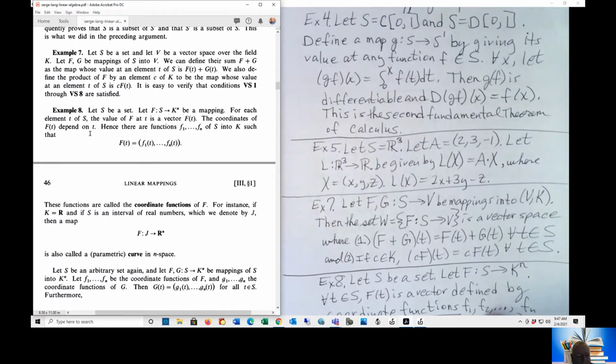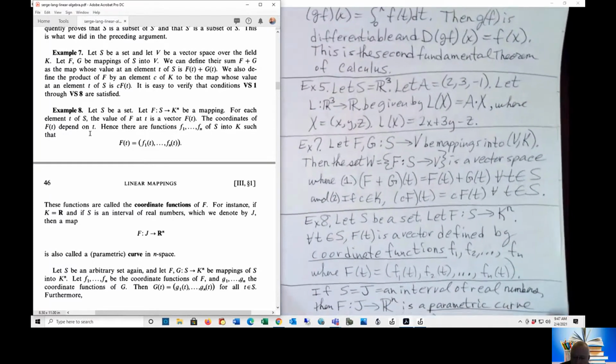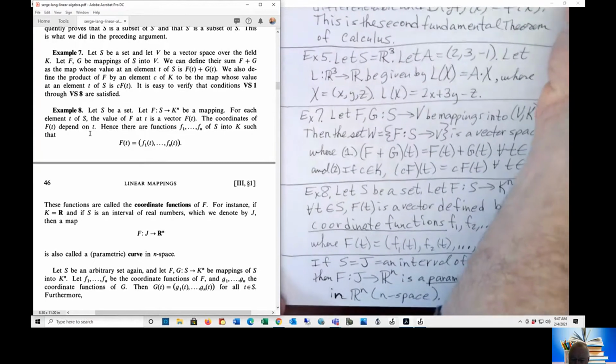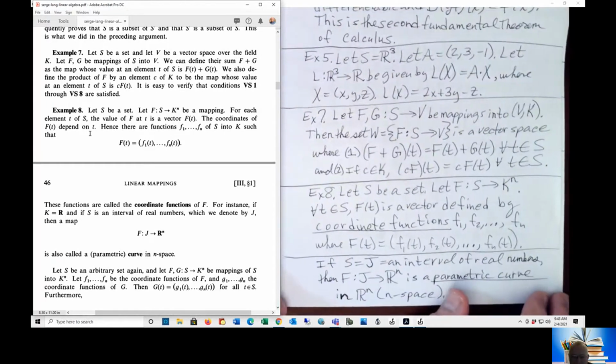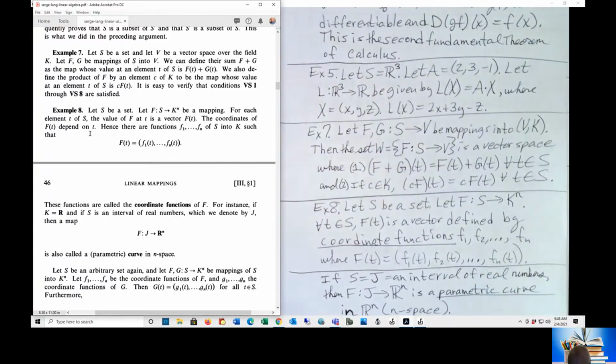Okay? Now, something that might be a little bit more new to you, example 8, is defining parametric curves. Look at example 8. Let S be a set, and let F be a mapping going from set S into the vector space Kn.